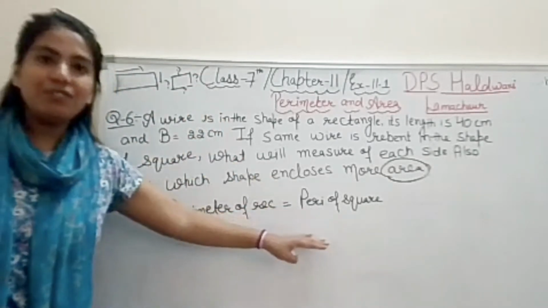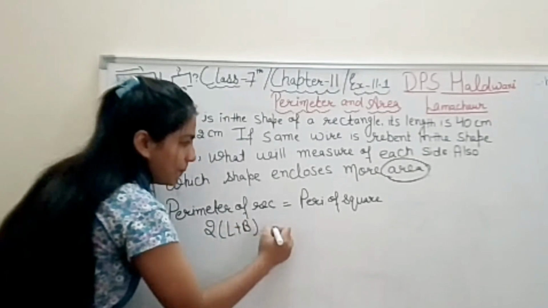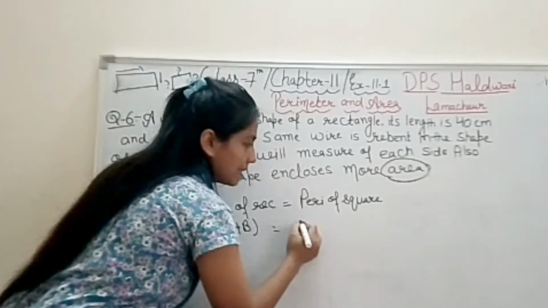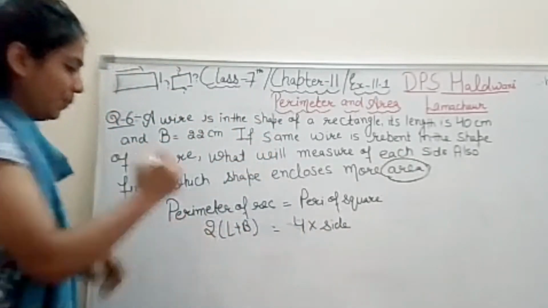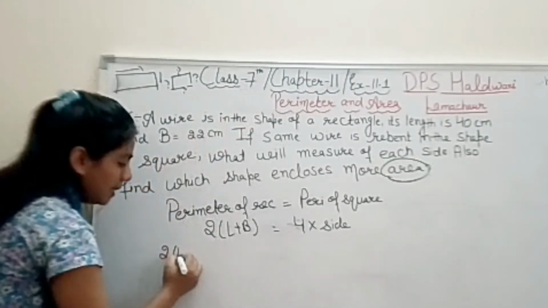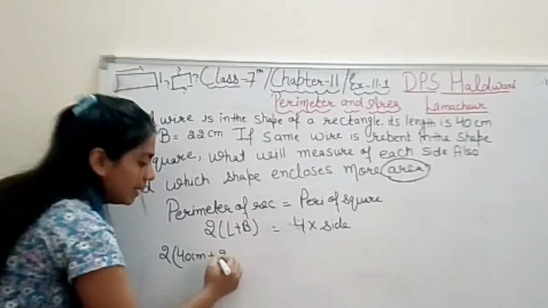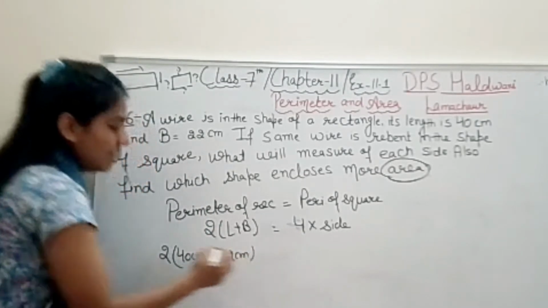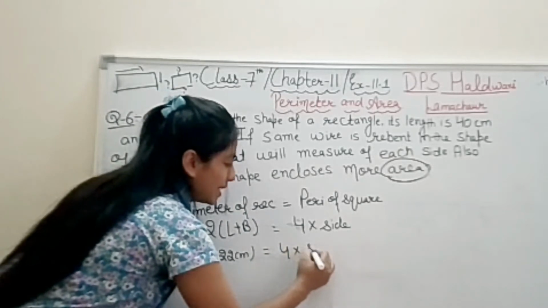So side we will easily find out because perimeter of rectangle is 2 into (L plus B). Perimeter of square is 4 into side. So 2, length we know that is 40, breadth we know that is 22. Just put the values, get the answer, equal to 4 into side.